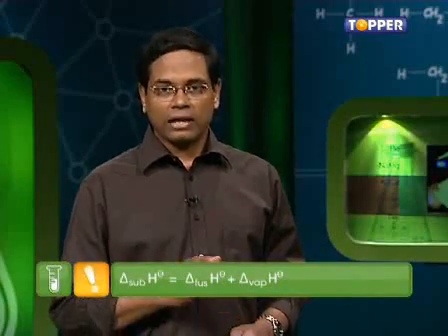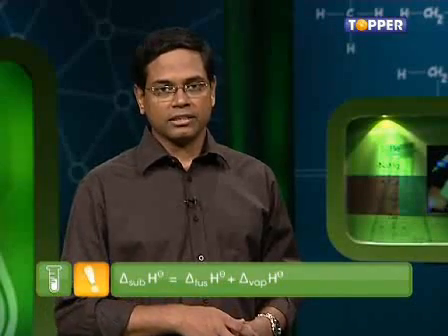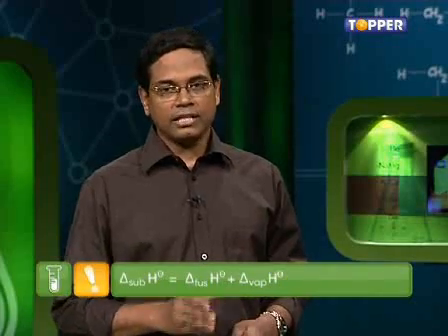Using this formation as well as the summation method based on Hess's law, on adding the enthalpy of fusion and enthalpy of vaporization, you will get the value of sublimation. Delta H sublimation is equal to delta H fusion plus delta H vaporization.